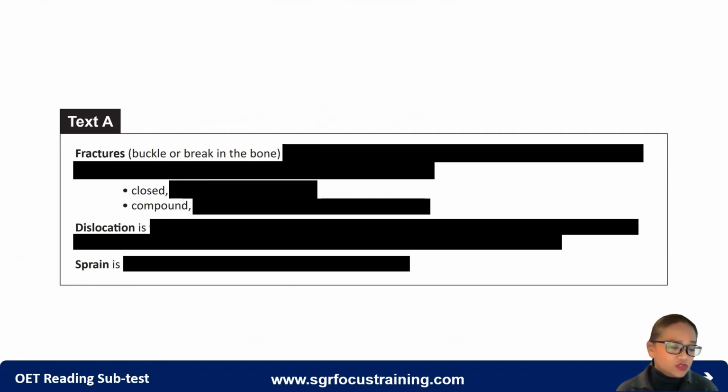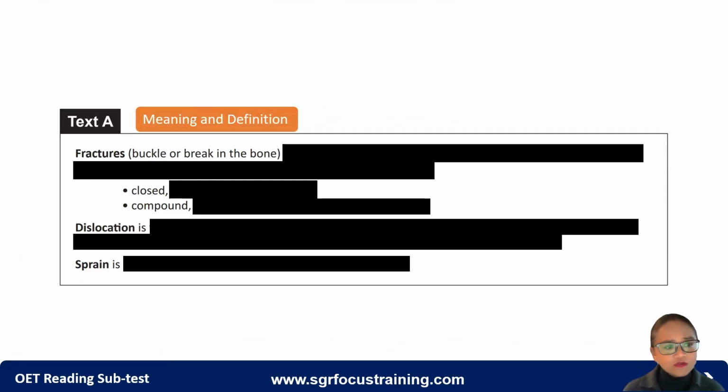Now, the two, dislocation and sprain, is also signposted in the same way. They use the word "is" in here, so dislocation is, sprain is, and typically that's your grammar clue that the next words being given to you will be descriptions or additional information.